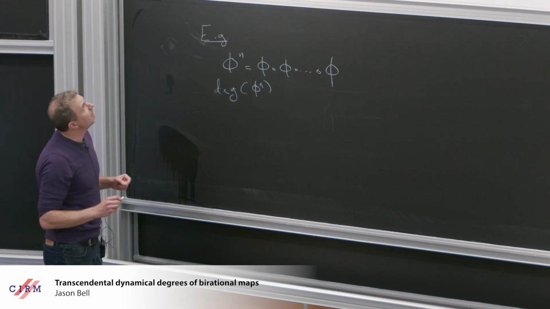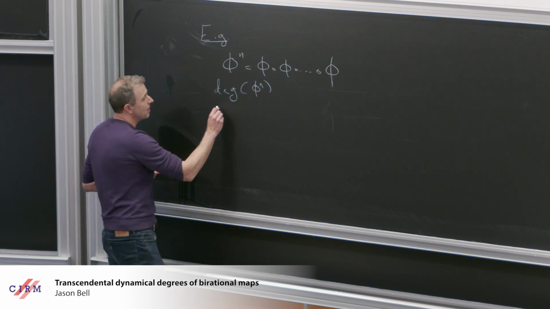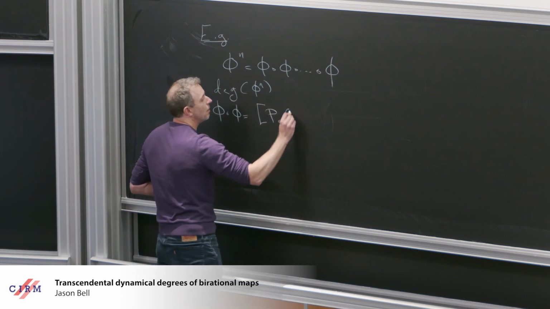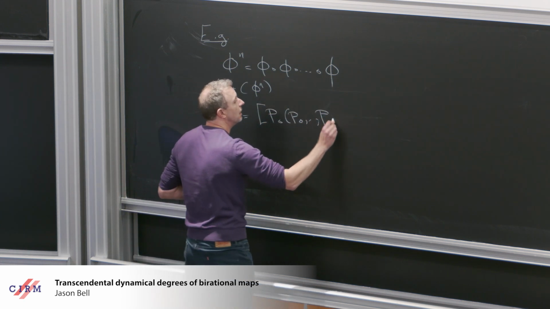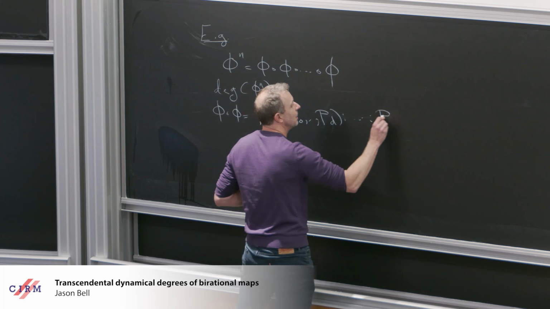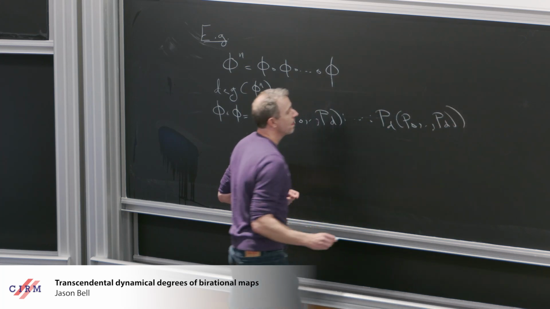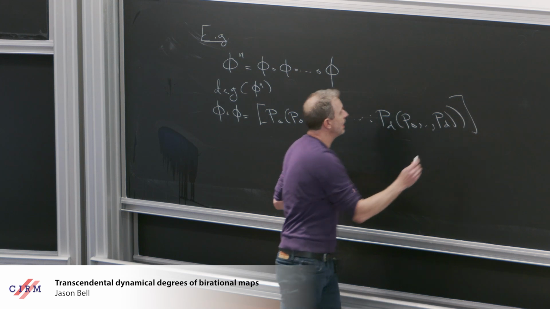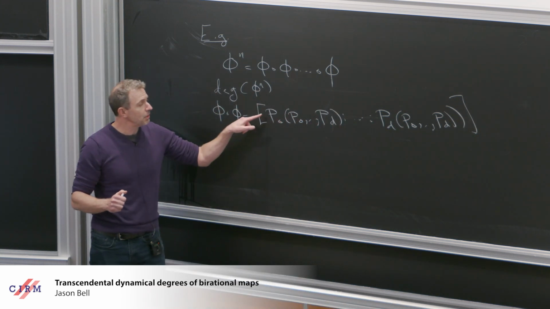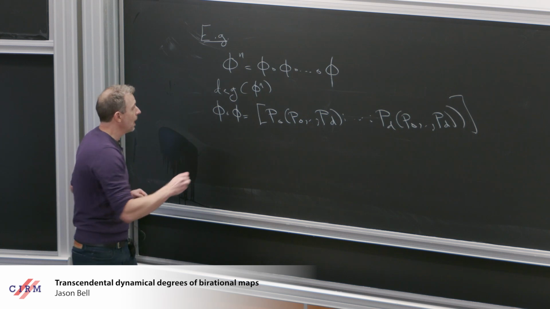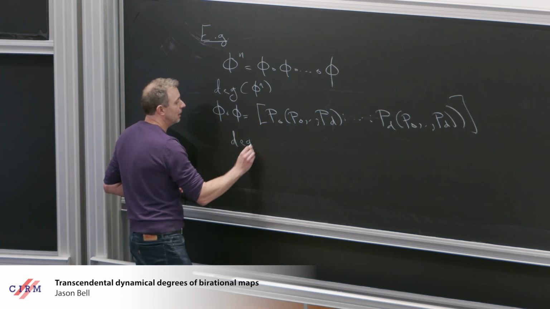And naively, we might think that if I take my map phi and I compose, well, now I'm just plugging the polynomials into my map. And if I plug in a bunch of degree m polynomials into a degree m polynomial, I expect to get a degree m squared polynomial.